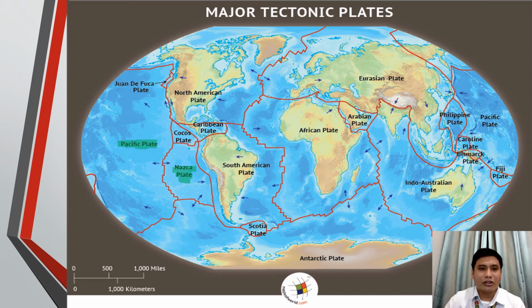And their interaction is represented by these arrows. You can see from the arrows that Pacific plate and Nazca plate, they are moving away from each other. So what type of plate boundary is that? So if your answer is a divergent plate boundary, you are correct.